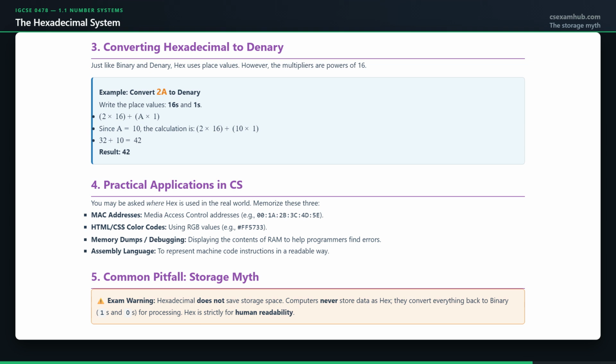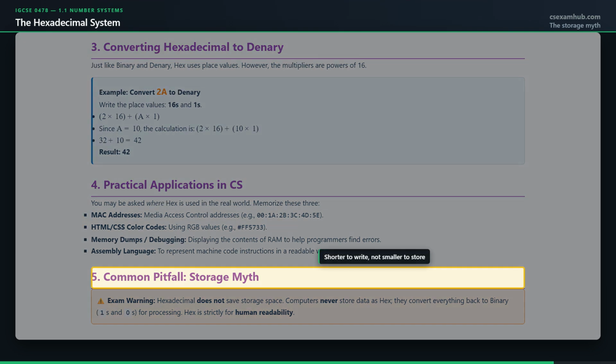Finally, the pitfall this lesson exists to kill. Because 3F looks so much shorter than 00111111, students conclude that hexadecimal saves storage space. It does not. Both of those are the same 8 bits inside the machine. Hexadecimal is a notation for humans reading and writing values. It changes nothing about how the data is stored.